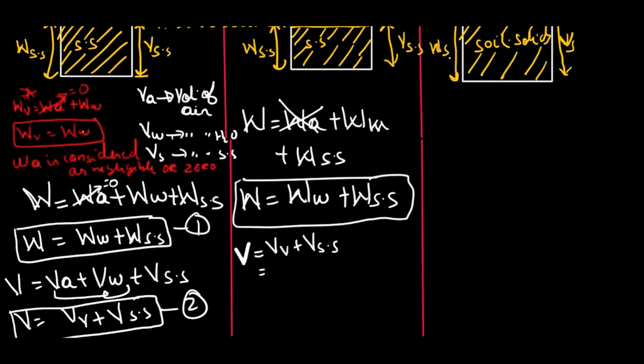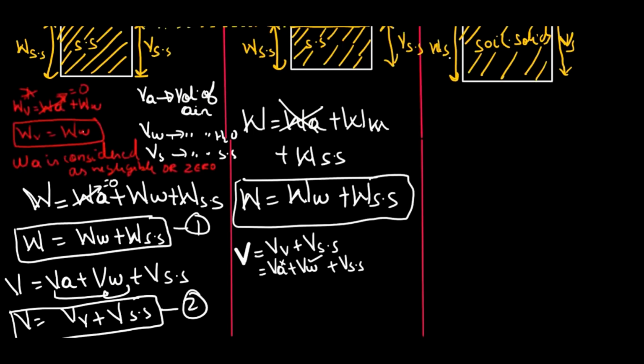The void contains air and water only, so volume of air plus volume of water plus volume of soil solids. Now since it is the fully saturated condition, all the void space will be occupied by water only.